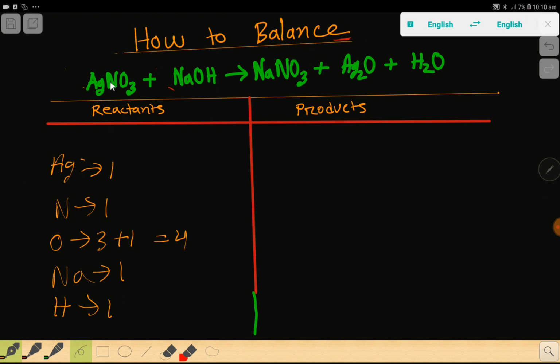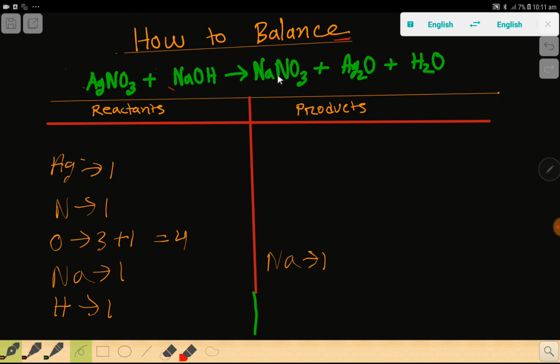Okay, look, silver 1, then nitrogen 1, oxygen 3 plus 1, that is 4. Then sodium we have 1, then hydrogen we have 1. In the right hand side we have sodium, that is 1.